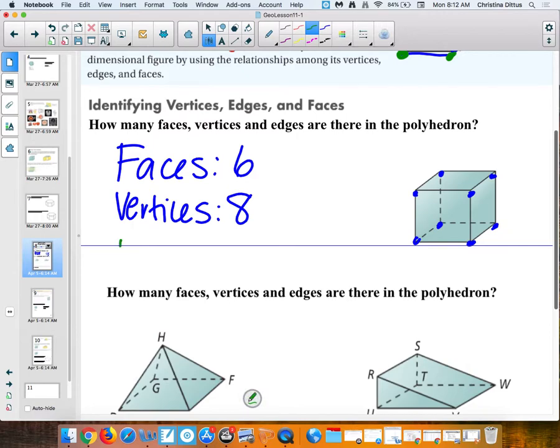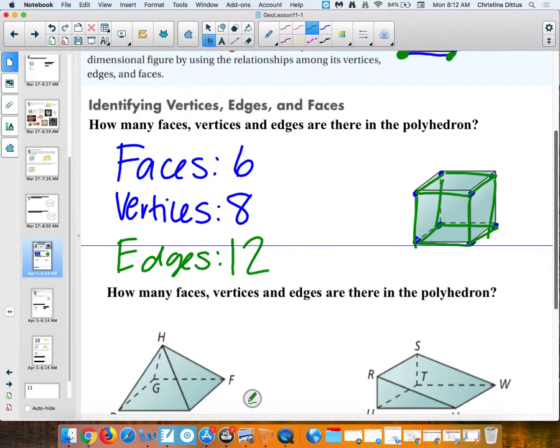And edges. How many do you think I got? 12? Yep. Everybody agree? I got 1, 2, 3, 4, 5, 6, 7, 8, 9, 10, 11, 12.